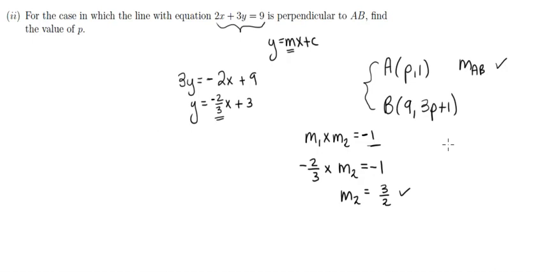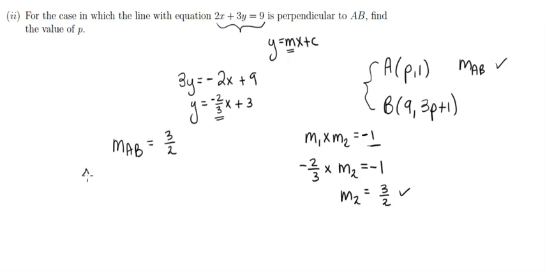So that works out. Now all we do is make an equation knowing that the gradient of AB is 3 over 2. We would get the gradient between points A and B as we usually would, and make it equal to 3 over 2.